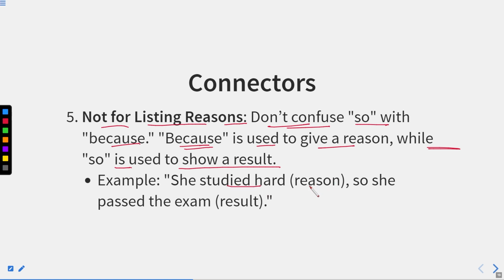She studied hard, this is the reason, so she passed the exam, this is the result. And if I want to write "because", I can write: she passed the exam because she studied hard. That will change the position of the two clauses.